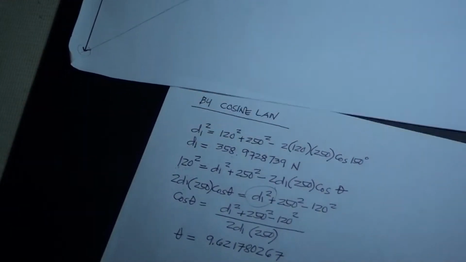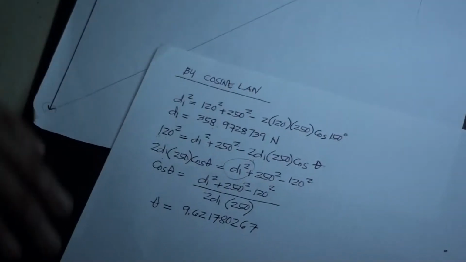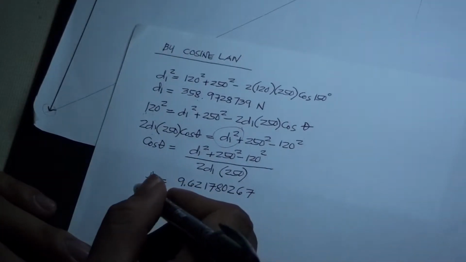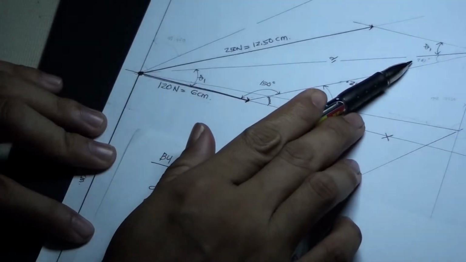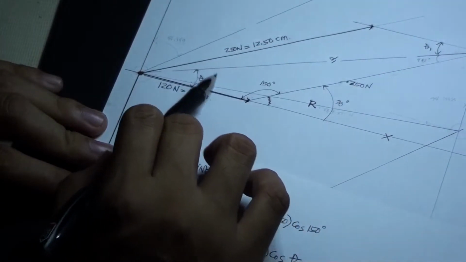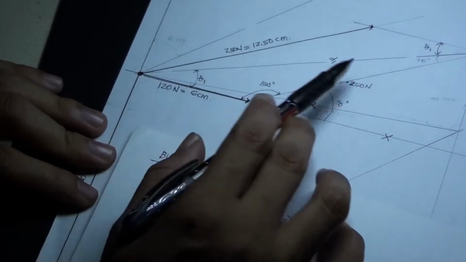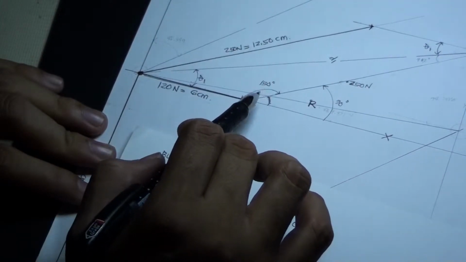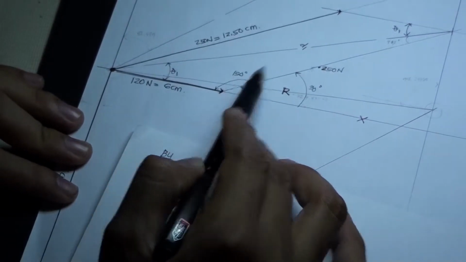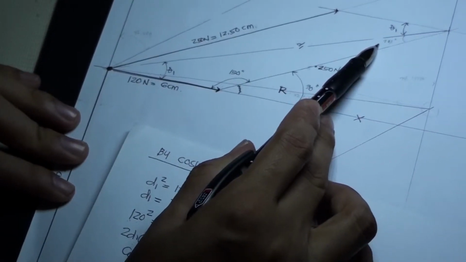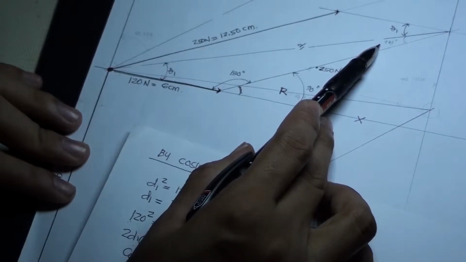How? Theta sub 1 is the sum of the interior angles here. We have 150, we have 9.62. So all we have to do to get theta sub 1 is subtract the sum of these two angles, 150 and 9.62, from 180.